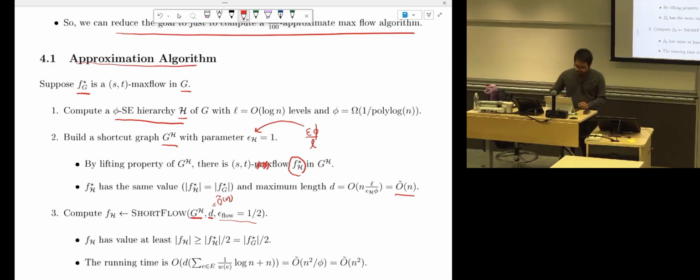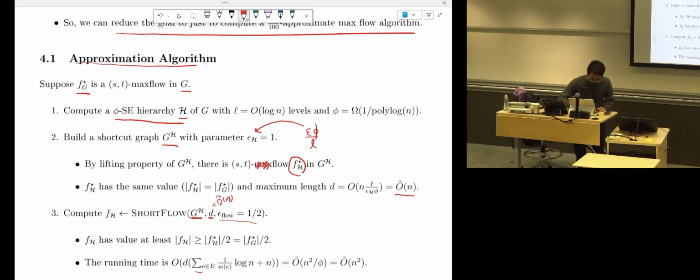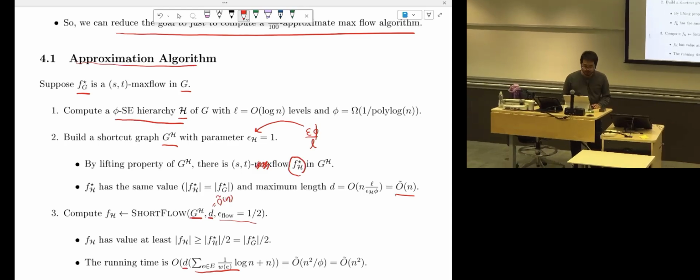But you see the running time is something like this sum times d. D is like n. This sum, we also know, is something like d log n, so n log n.